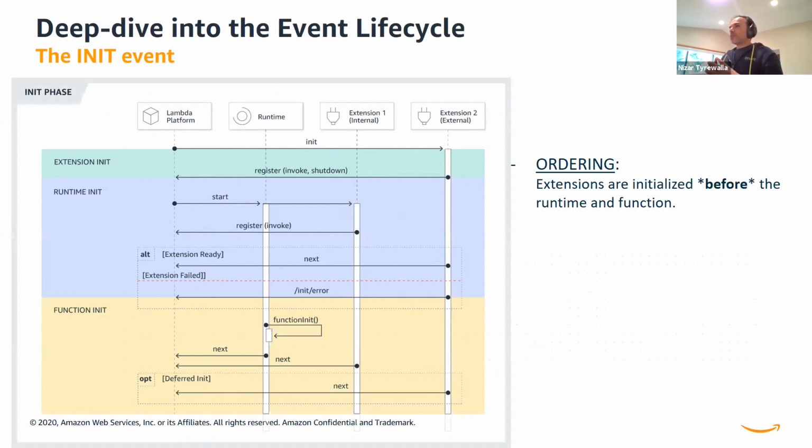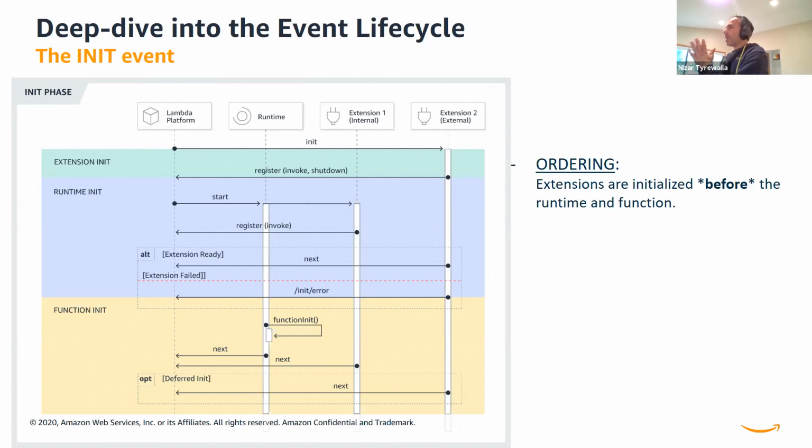In the initialization phase, if we take a look at it, there are three different areas in the entire Lambda execution. There is the Lambda platform service, there is the Lambda runtime, and then there are the Lambda extensions. This Lambda extensions is where OpenTelemetry fits in.